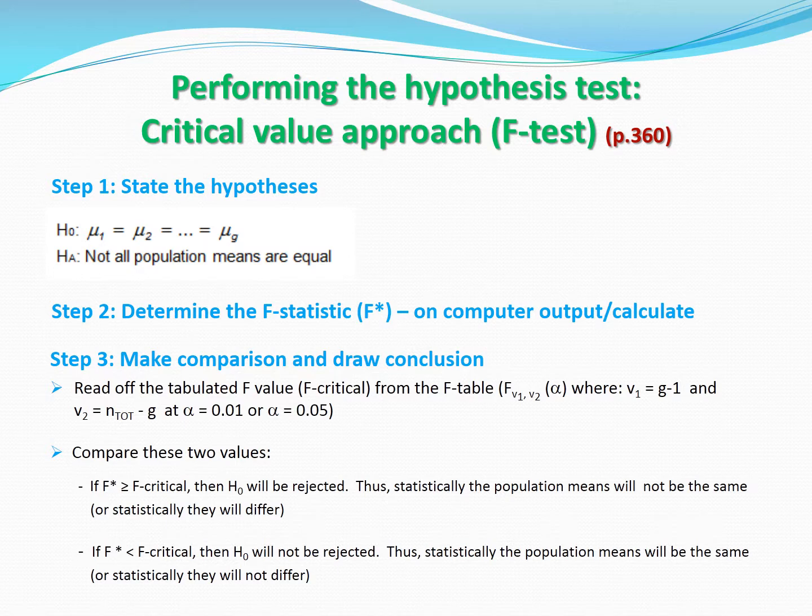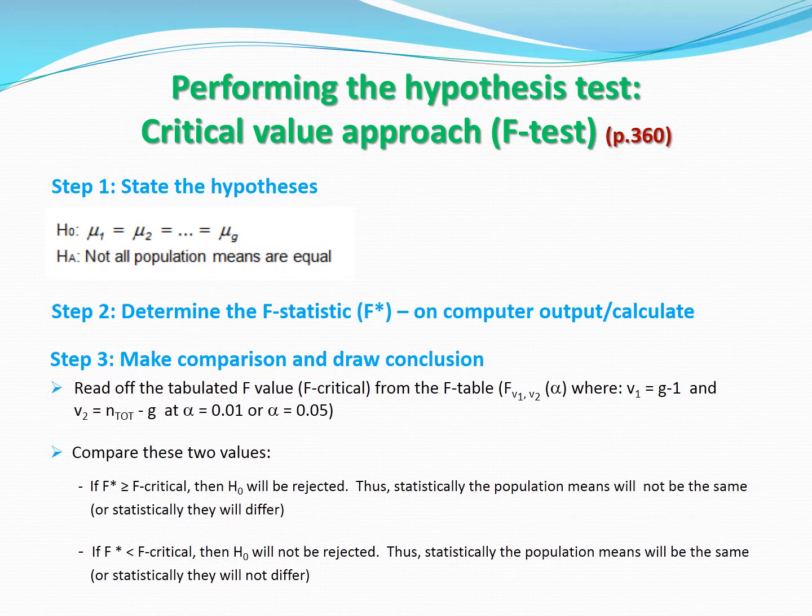Now your degrees of freedom that you use, this was indicated in your ANOVA table in part 1. Your V1 is G minus 1, and that was your treatment degrees of freedom, and that will give you your column in your F table, and your V2 is n total minus G, and as indicated in part 1, that represented your error degrees of freedom.